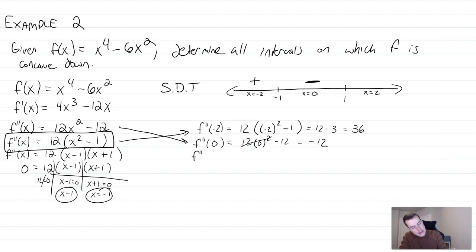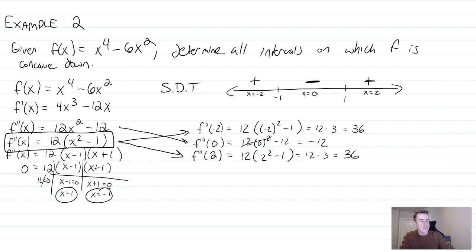And then we're going to do f double prime, the second derivative, at 2. Sorry, not the top equation. Let's use this equation. So we have 12 times 2 squared minus 1. 2 squared is 4. 4 minus 1 is 3. So again, that's 12 times 3, or 36.